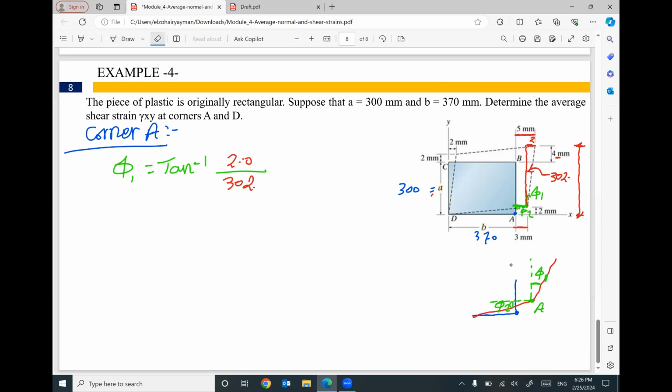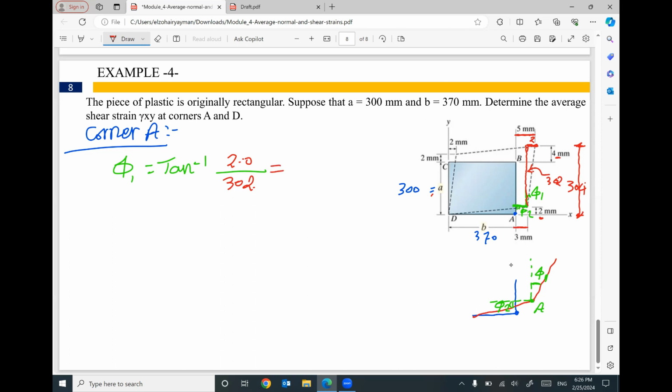One more time. This corner will have a total height equal to 4 millimeter plus A, 300, so it will be 304. If you subtract this little height of 2 millimeter from 304, it will be 302. So this adjacent in the right angle triangle will be 302.